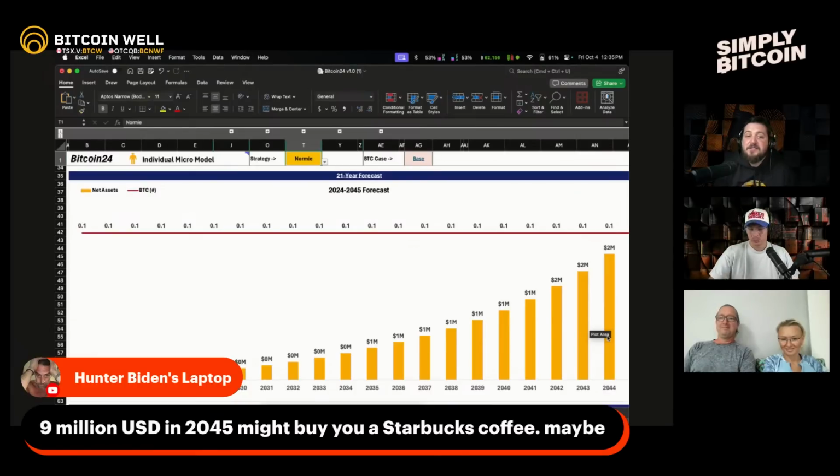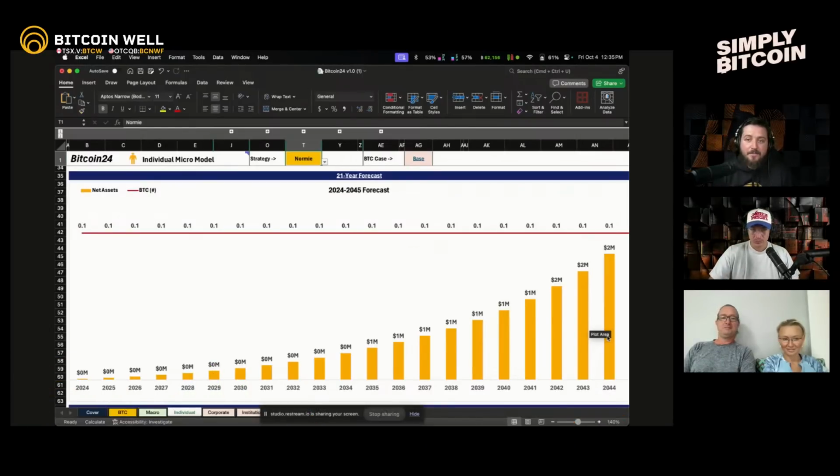So if you believe Saylor and his model, right? And we'll get to in the numbers segment how Saylor has accurately predicted things in the past. So this sounds absolutely crazy, I'm sure, to so many people, but it would sound absolutely crazy if I told you back in 2013 that Bitcoin would be at 70K in the year 2024. You would have laughed me out of the room.